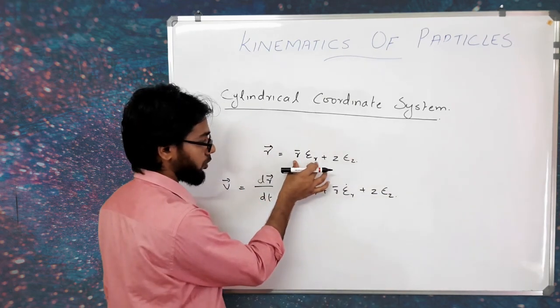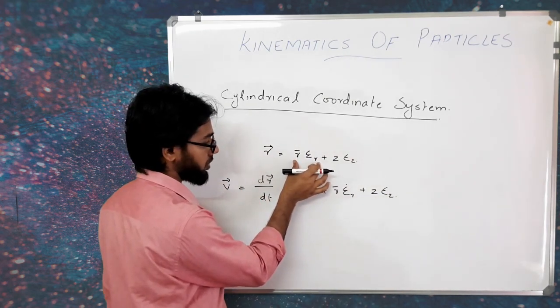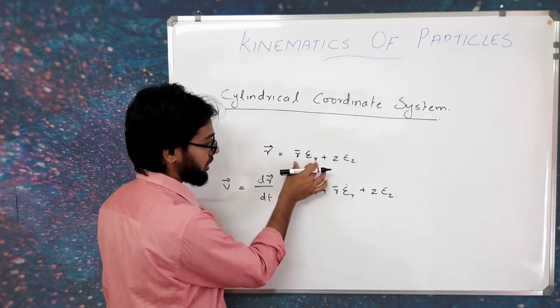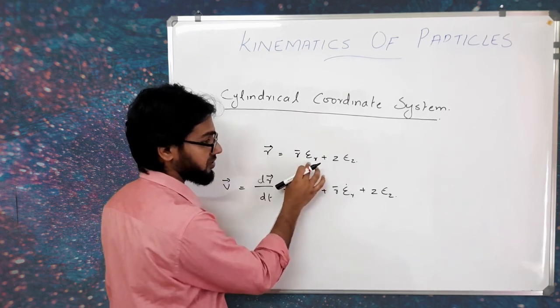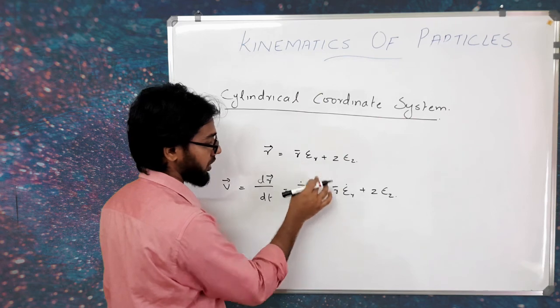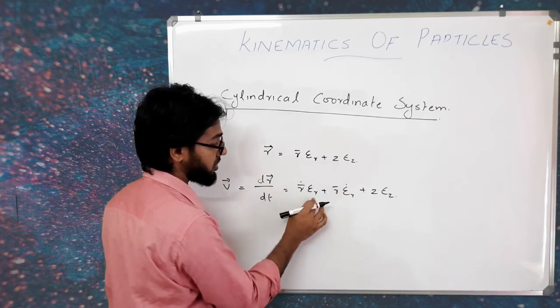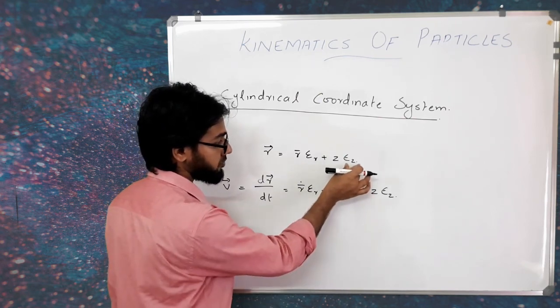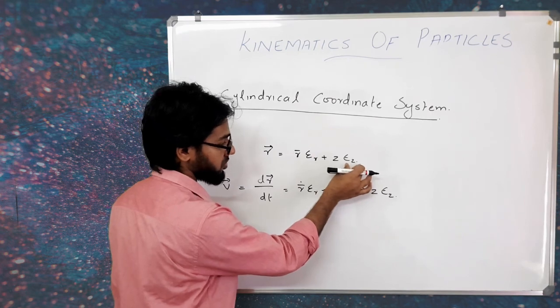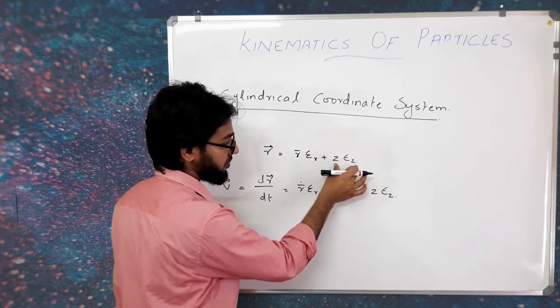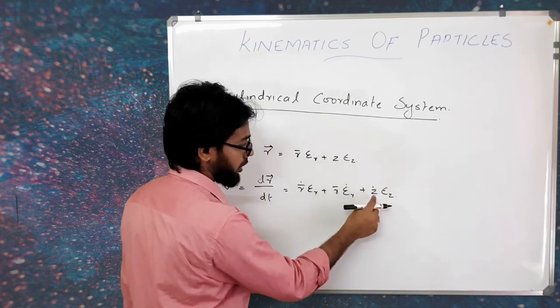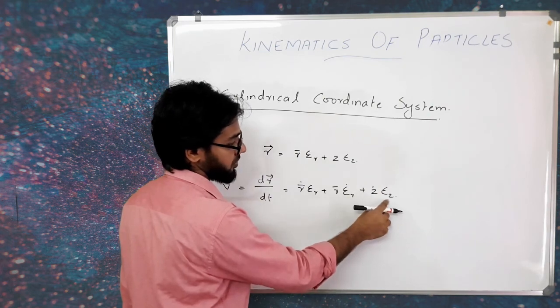Now in the first part of the position vector, epsilon r is changing with respect to time. So when I differentiate, I have to differentiate by parts. However, epsilon z is constant, and hence when I differentiate, I just have to write z dot into epsilon z.